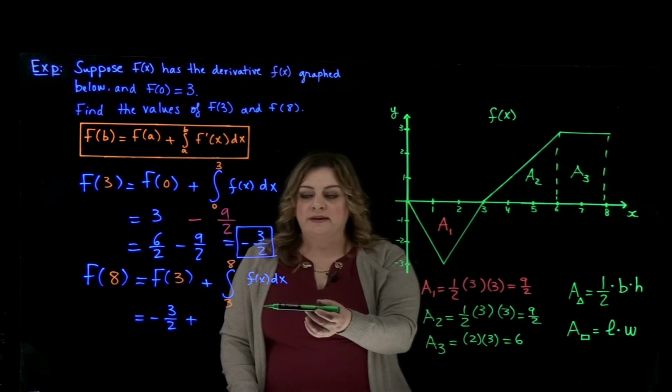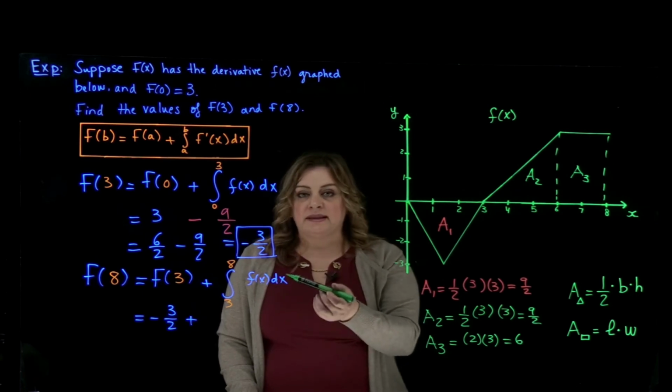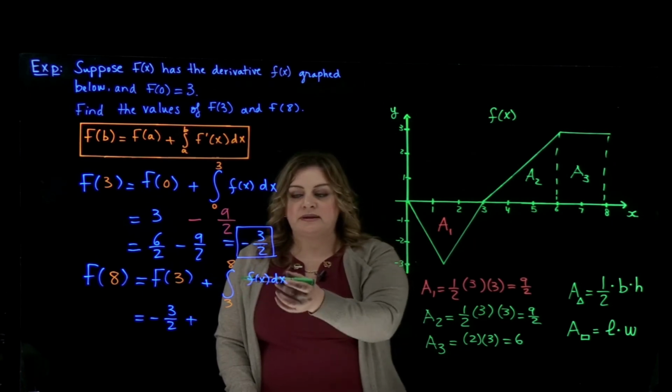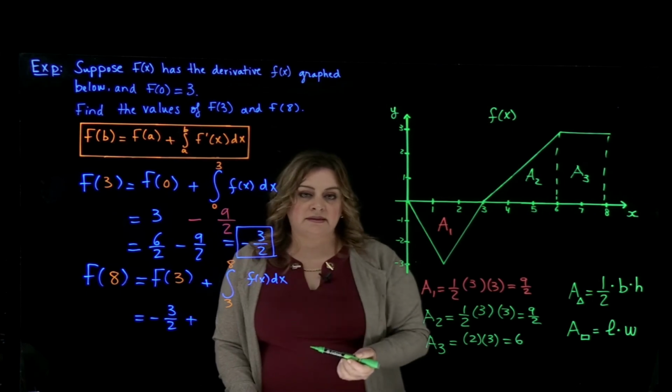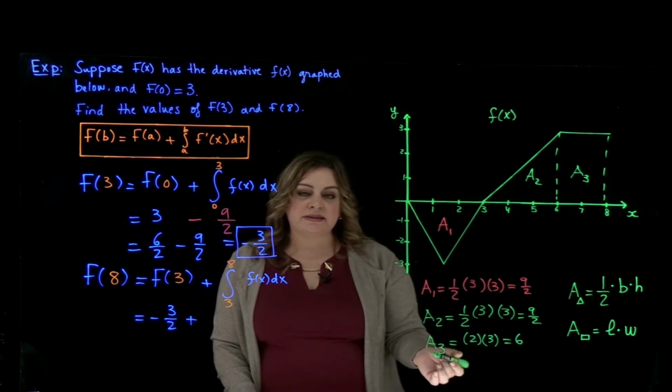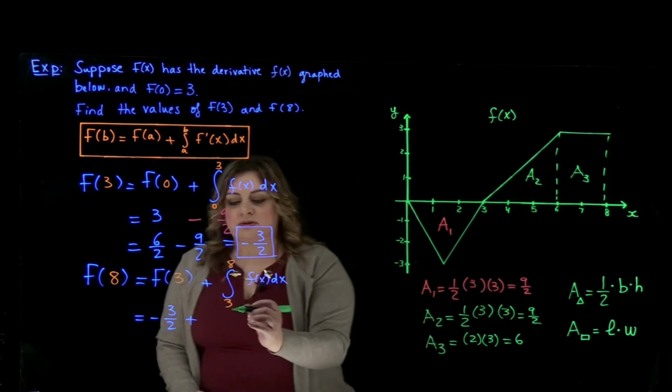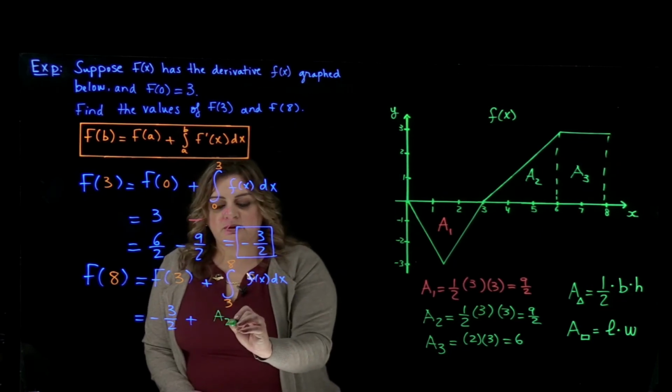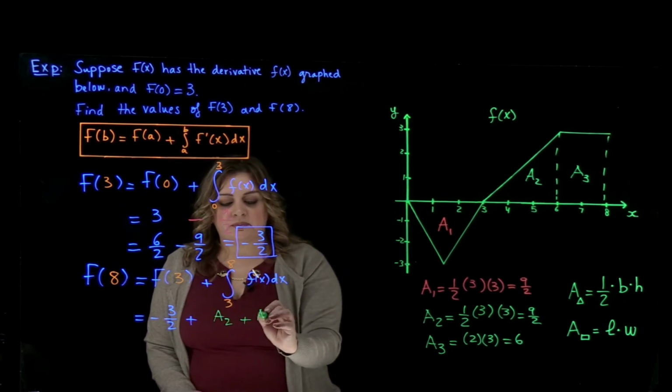Now, the area between the function and the x-axis from x equals 3 to x equals 8 is A sub 2 plus A sub 3. So I'm going to substitute this here.